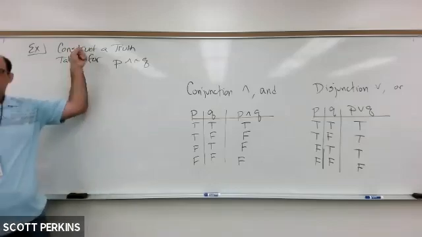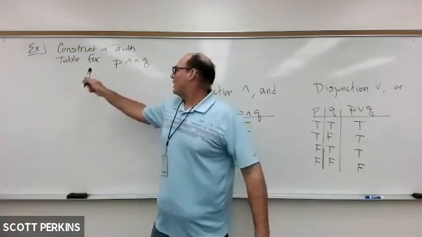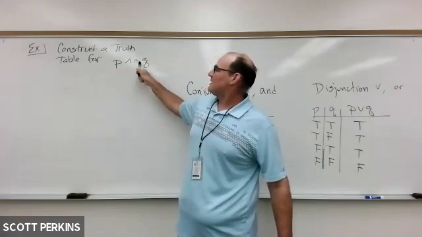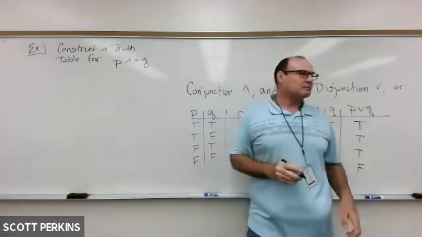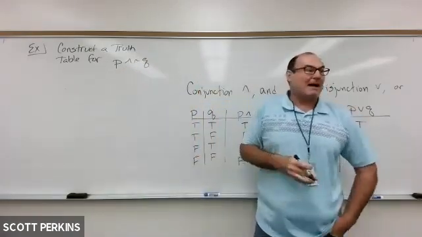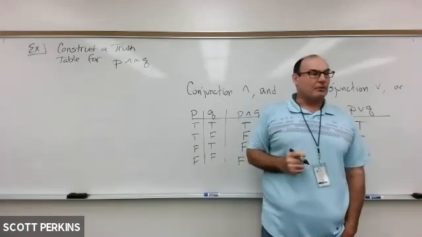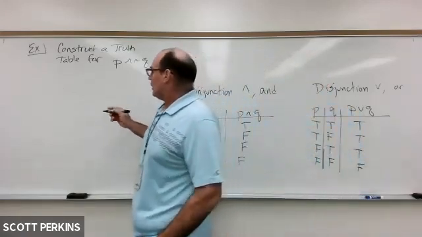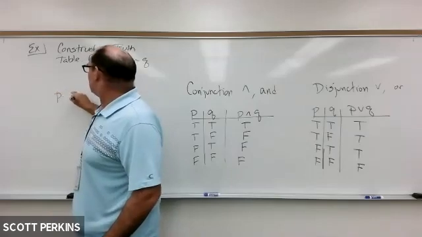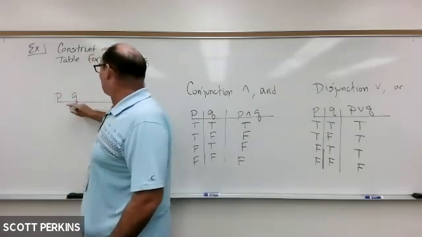We're going to construct a truth table for P conjunction squiggly Q. So notice we've got a couple things combined here when we go to do this truth table. I'm going to start. I've got two simple statements. I've got P and I've got Q.